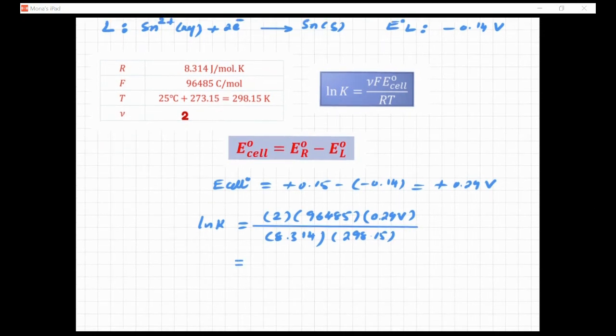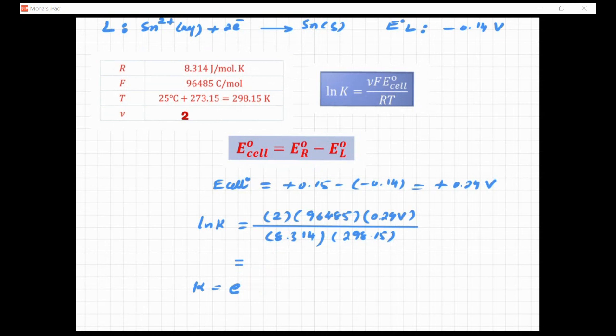Of course, you have to calculate, and that should be equal to ln K. Then K is going to be equal to e to the power of the value that we get from here. Put the value here and find the answer.